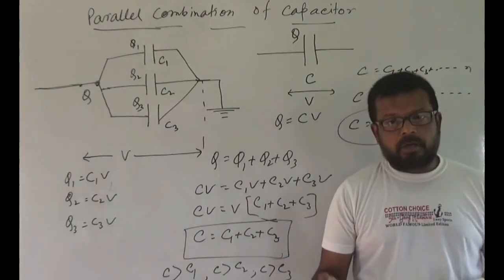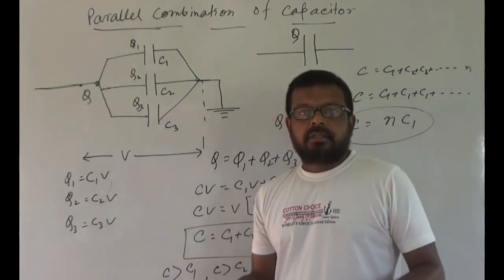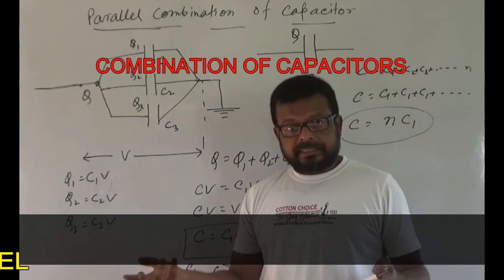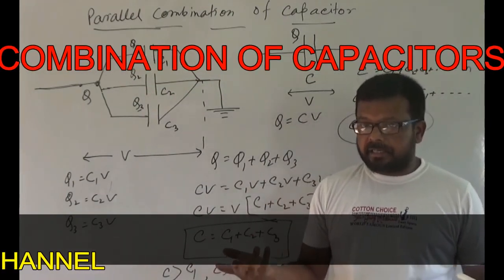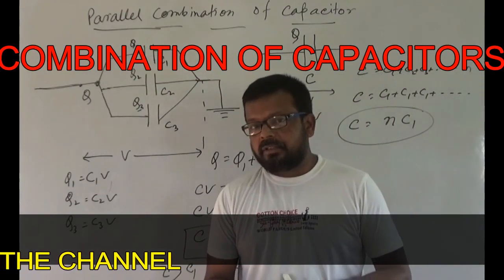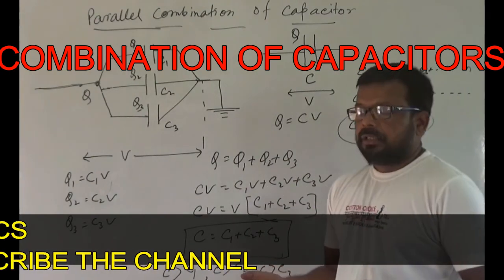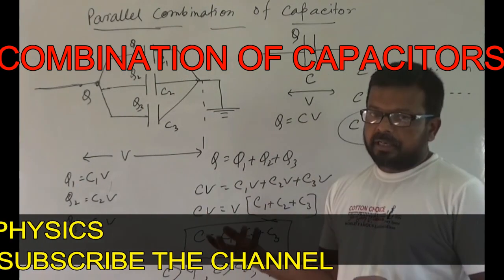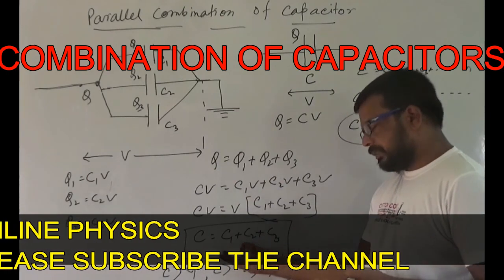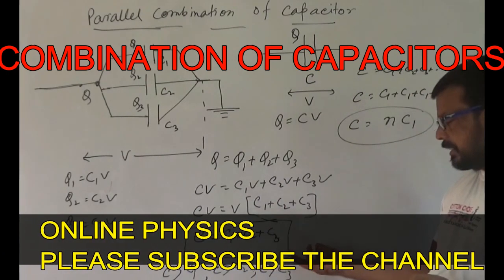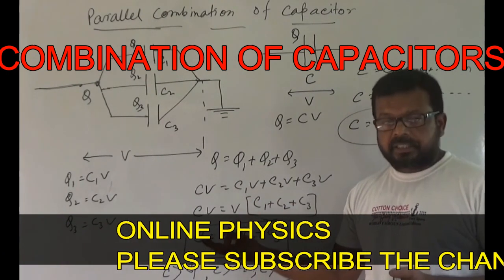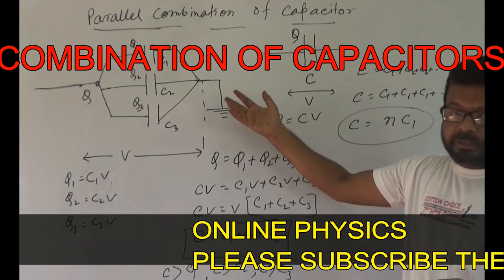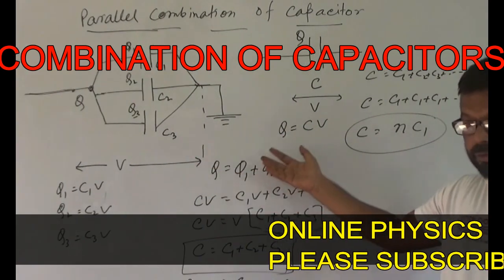In circuits or in numericals, you get both in the same circuit, series and parallel, and that is called the mixed combination. For that case, when there is a parallel combination, you have to take this result, and when there is a series combination, you have to take that result. That means 1 by C is equal to 1 by C1 plus 1 by C2 plus 1 by C3, etc.